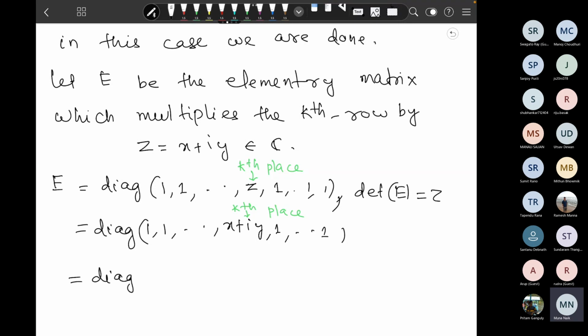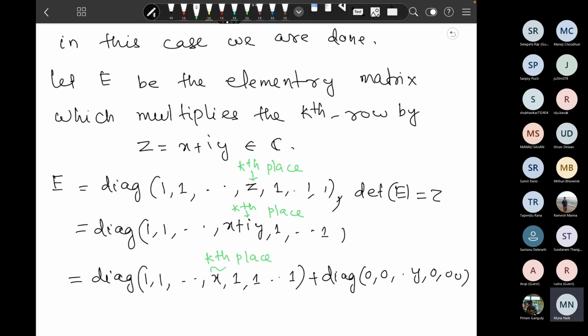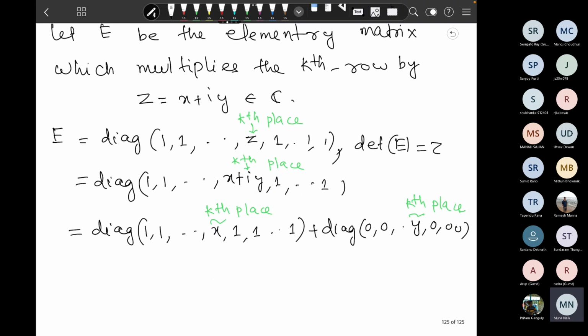First will be the diagonal of 1 1 1 with x in the kth place, and the second thing is the diagonal of 0 0 0 with y in the kth place, plus i times this.